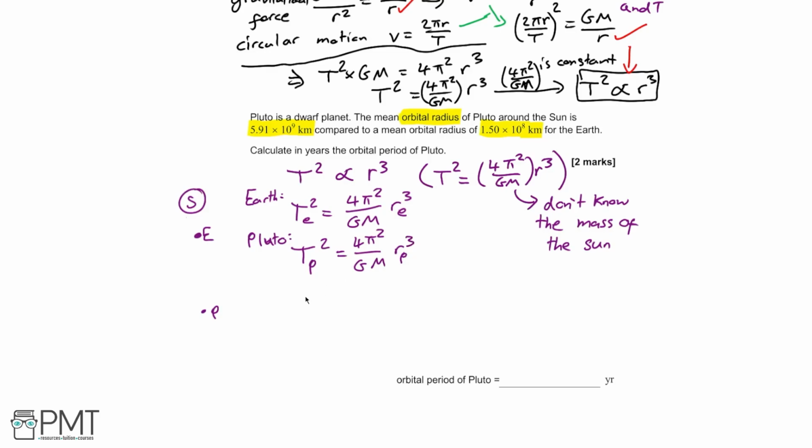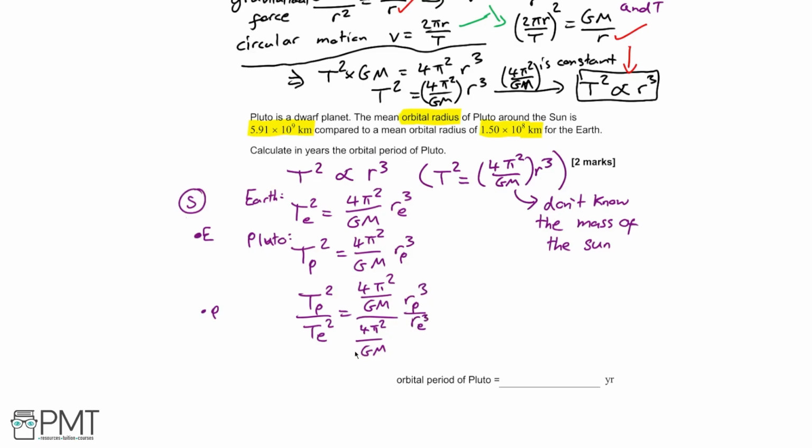So now we can do Tp squared divided by Te squared, and that gives us 4π squared over GM divided by 4π squared over GM, times Rp cubed divided by Re cubed.